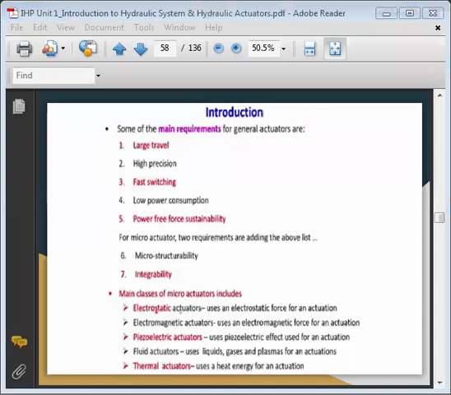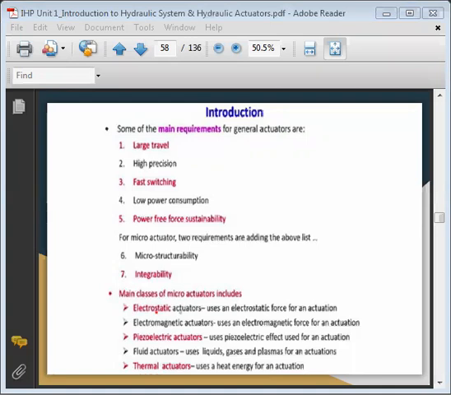Now we will see some of the important requirements of a general actuator. Some of the main requirements for general actuators I have mentioned here, irrespective of fluid power actuators alone.